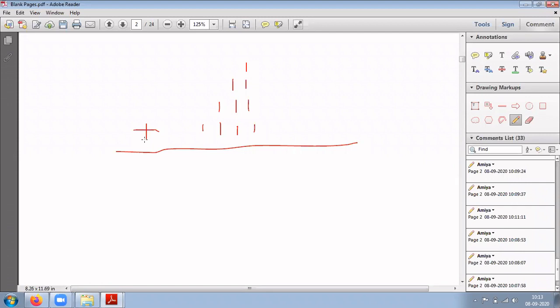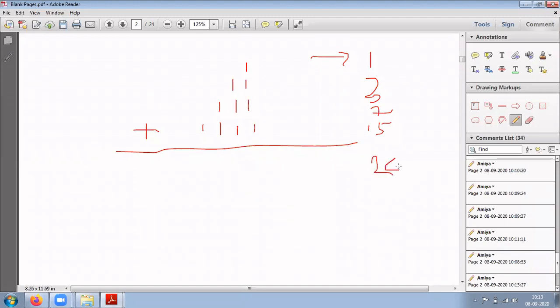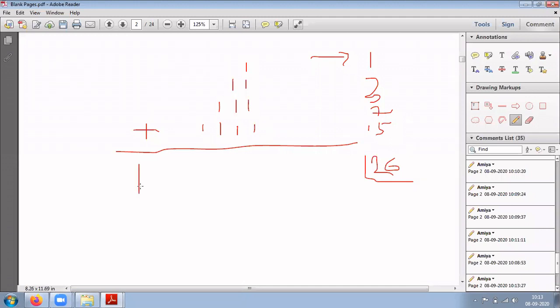Otherwise you can cheat. Look, what is the value of 1, the corresponding decimal value? This is 1, this is 3, this is 7 and this is 15. 3 plus 1 is 4, 4 plus 7 is 11, 11 plus 15 is 26, and you can convert to 26 and write the binary number here.